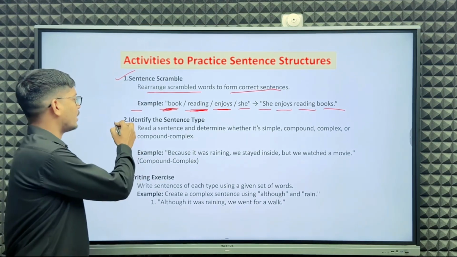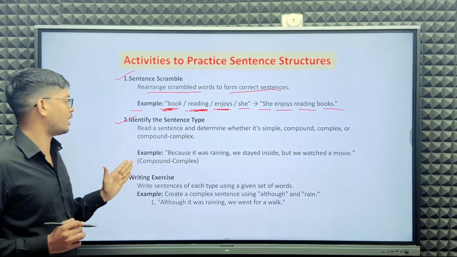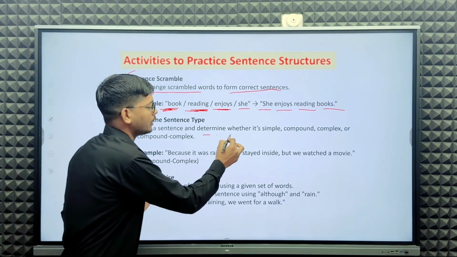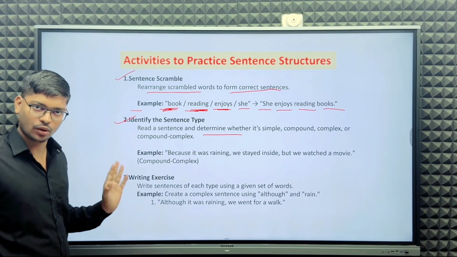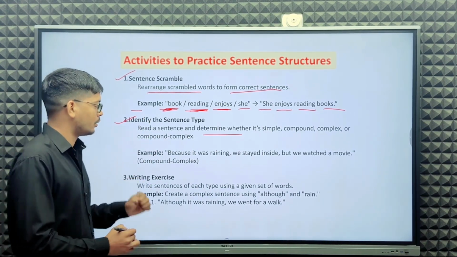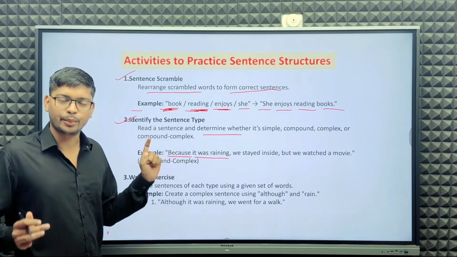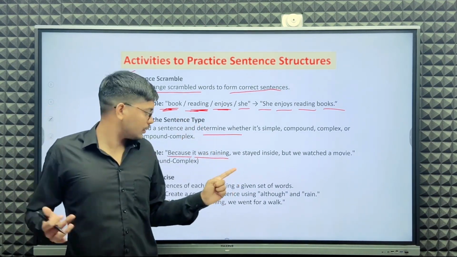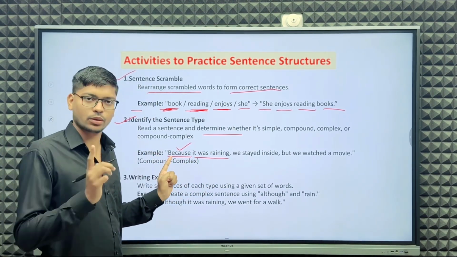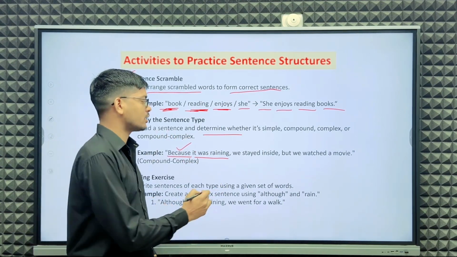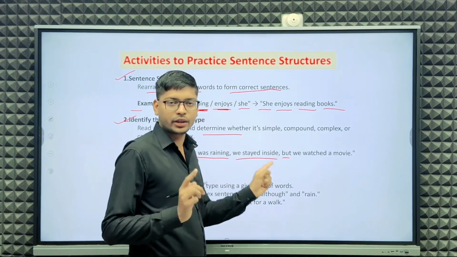Next, identify the sentence type. Read the sentence and determine whether it's simple, compound, complex, or compound-complex. "Because it was raining, she stayed inside, but we watched a movie." "Because" is a subordinating conjunction, and "but" is a coordinating conjunction.